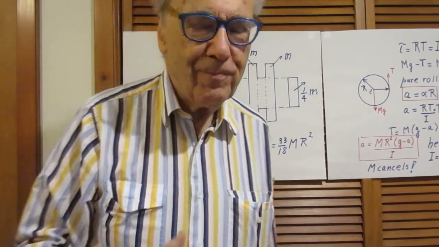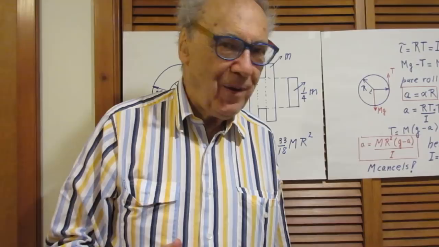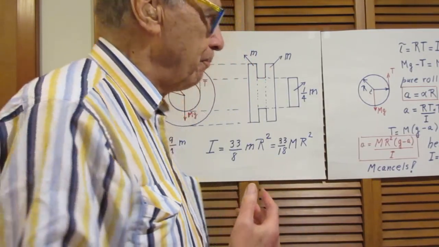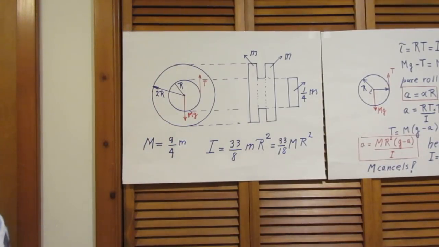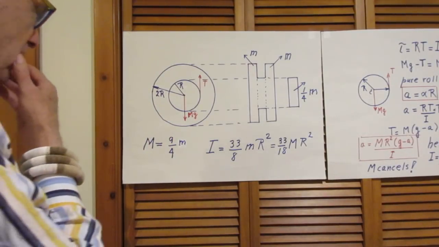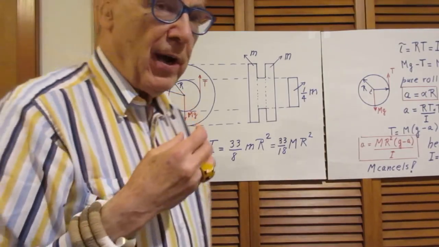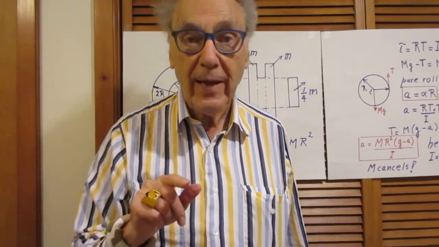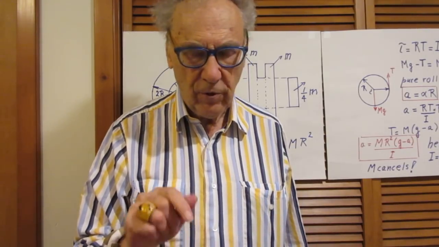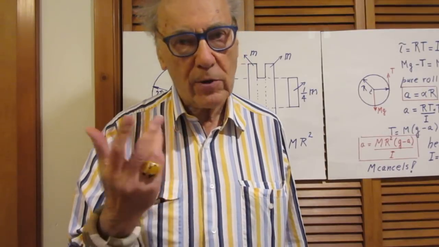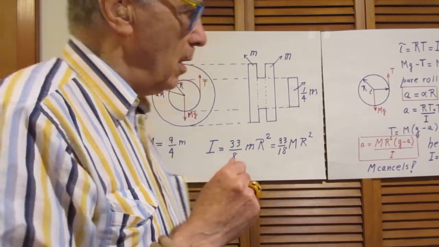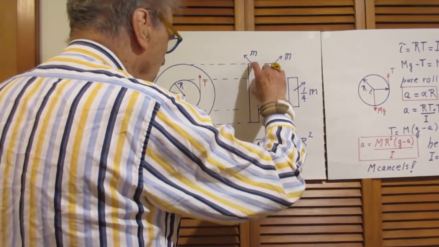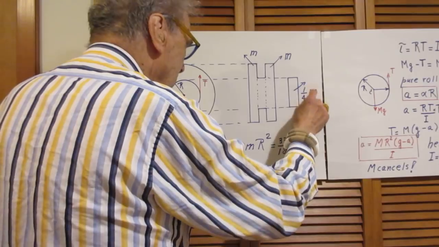Let us calculate as a warm-up what the moment of inertia is for this disc. You should brush up on that. The moment of inertia of a rotating disc about its center and an axis perpendicular to the surface of the disc is 1/2 mr squared. But be careful now, because the r here is smaller than the r here, and the mass is 4 times smaller.